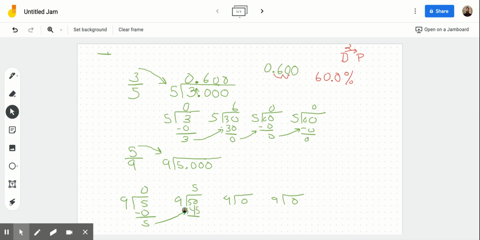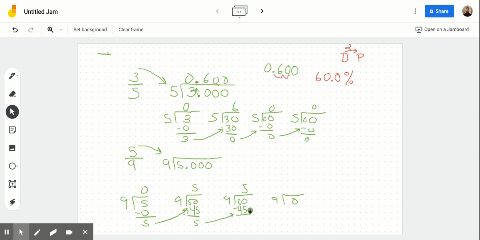We subtract, we get a 5. Looks like we get a 50 again, which we just talked about over in this problem right there. 9 goes into 50 5 times, which is, again, another 45.